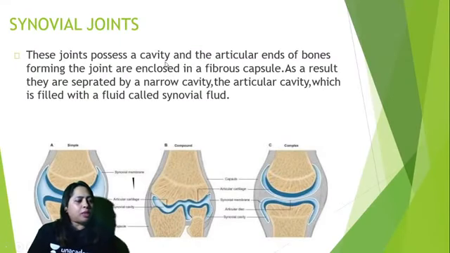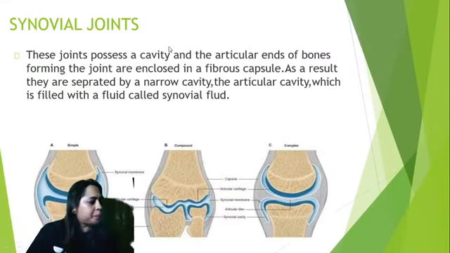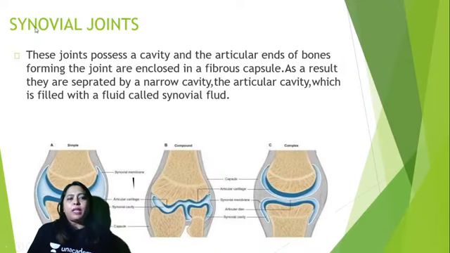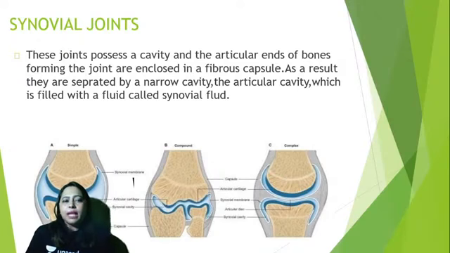Okay, next, coming to the synovial type of joints. See, there is a criteria for a joint to be a synovial joint. Why do you call it a synovial joint? Of course, there should be some lubrication inside the joint, and the lubrication comes from the synovial fluid, which is secreted by the membrane that is lining the joint.